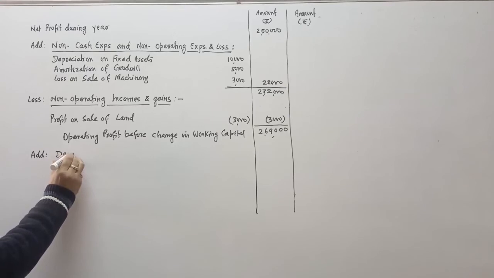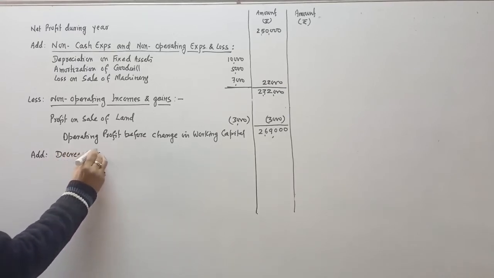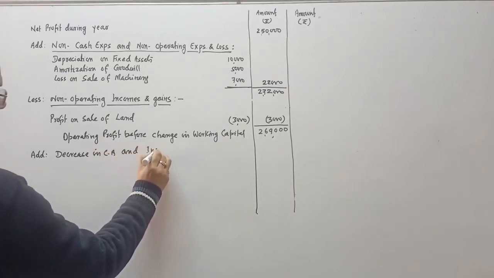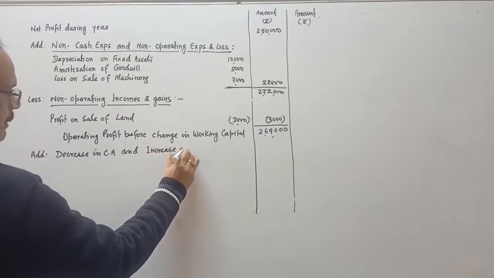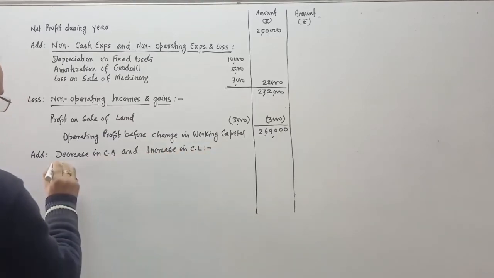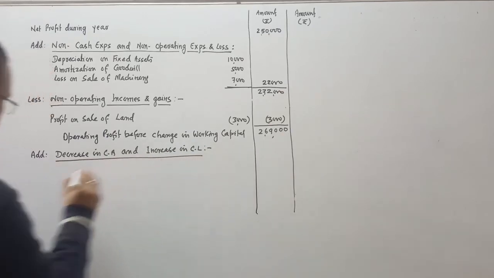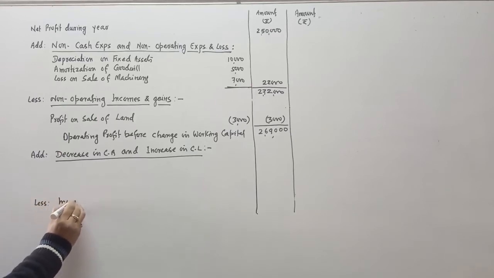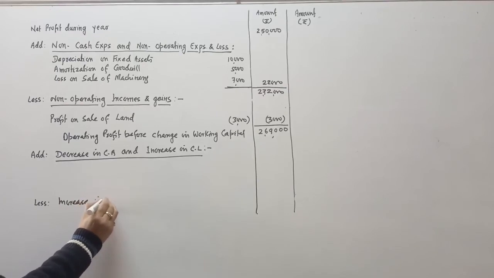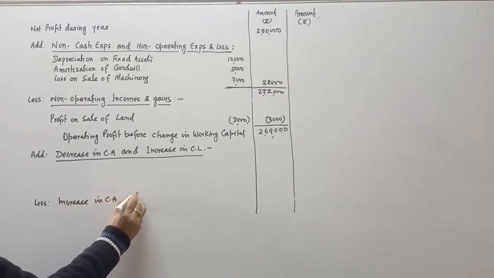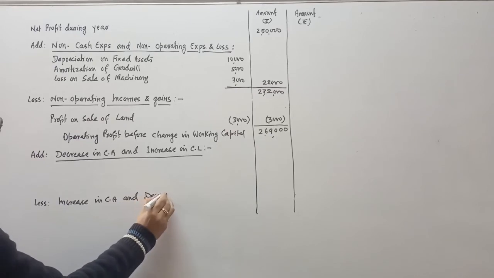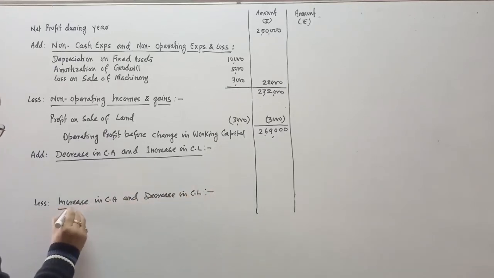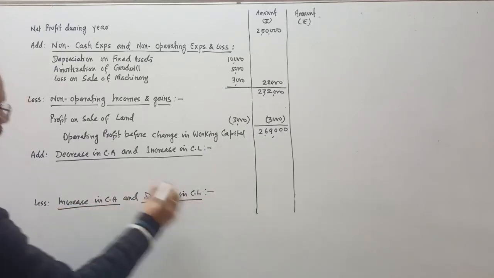Decrease in current assets and increase in current liability, we will add. And vice versa, increase in current assets and decrease in current liability, we will deduct.